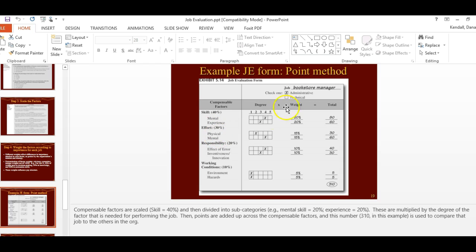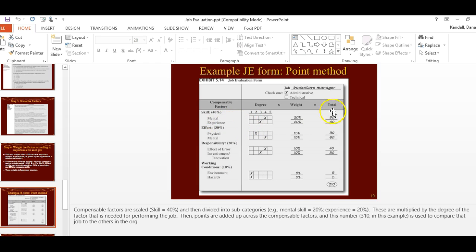For physical effort, bookstore manager doesn't really have a lot of physical effort, so it's a 2, but mental effort is a 4. And so on down. See here working conditions, 10% of the job entails that, and the degree to which it matters is not very much. So the bookstore manager isn't really facing any kind of workplace difficulties in that sense.